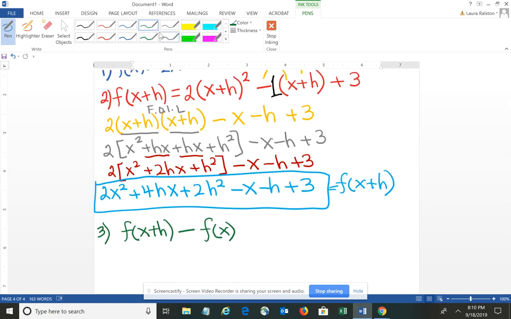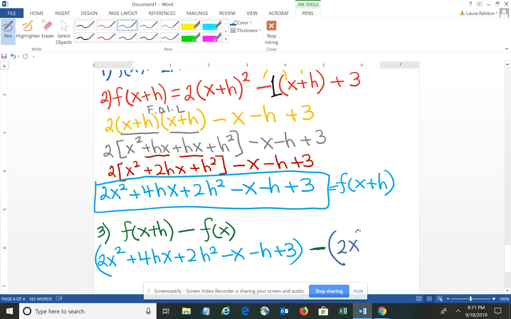So I'm going to have, and I'll try to color code it for you, it may be helpful if you do that for yourself, 2x squared plus 4hx plus 2h squared minus x minus h plus 3, minus 2x squared minus x plus 3.